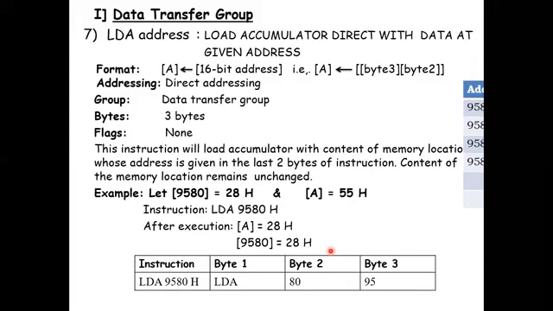The content of the memory location remains unchanged. Let the memory location 9580 be 28 and the accumulator value 55. After execution of LDA 9580, the content of 9580, that is 28, will be loaded into the accumulator.